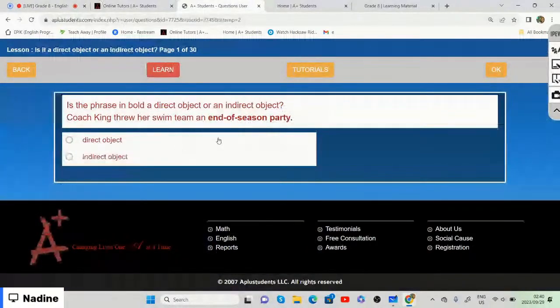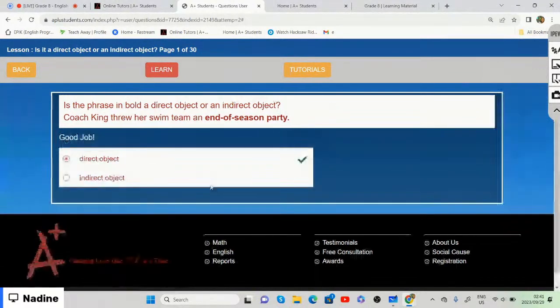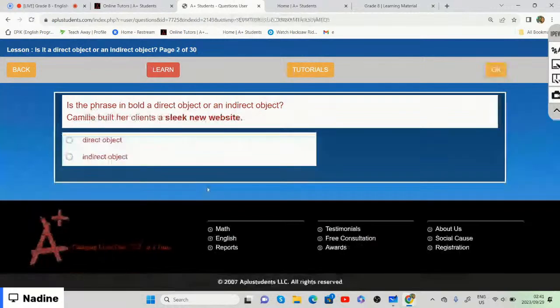So, end of season party. We can ask ourselves, what did Coach King throw her swim team? She threw her team an end of season party. Then we can say it's a direct object because it answers what.